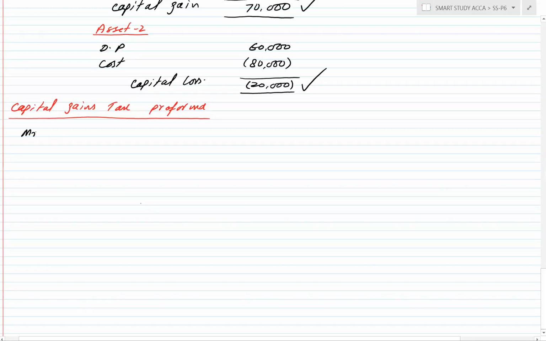First of all, we will write down the name. For example, if we are calculating tax for Mr. A, then Mr. A capital gain tax computation, and right now the examinable tax year for us is 2021.